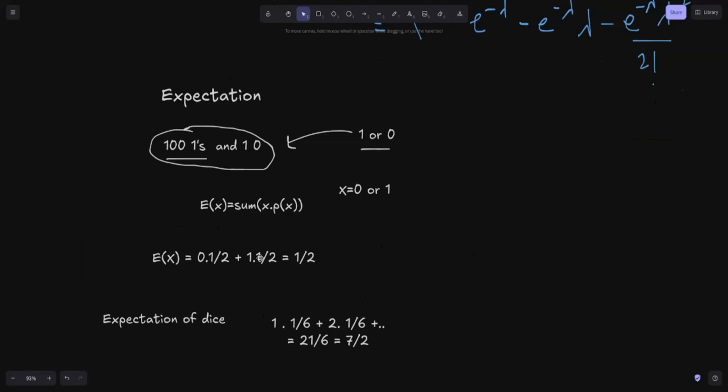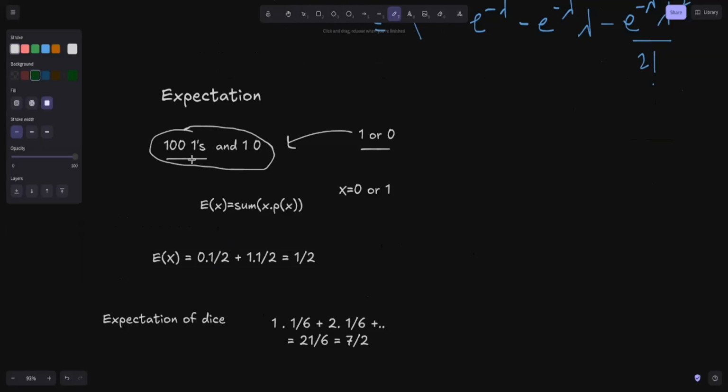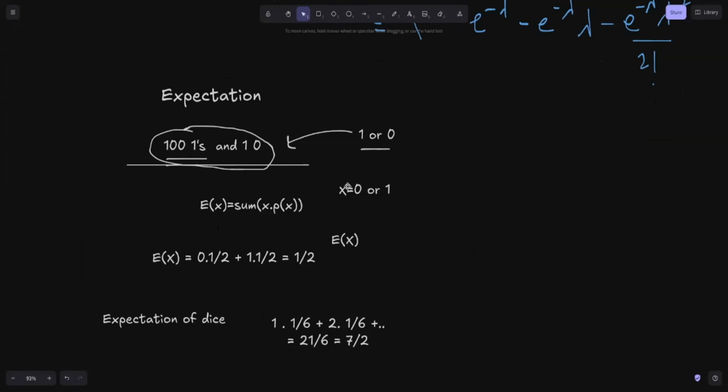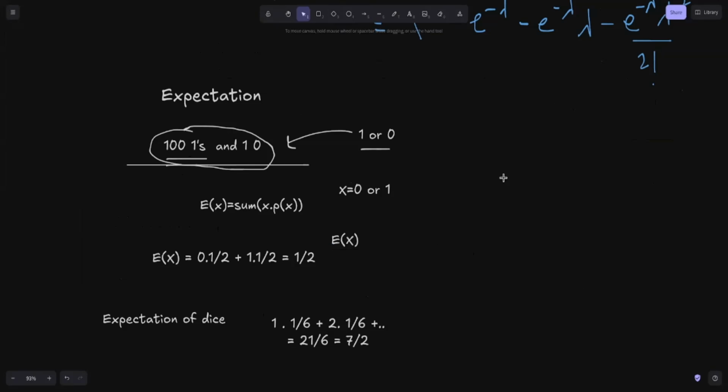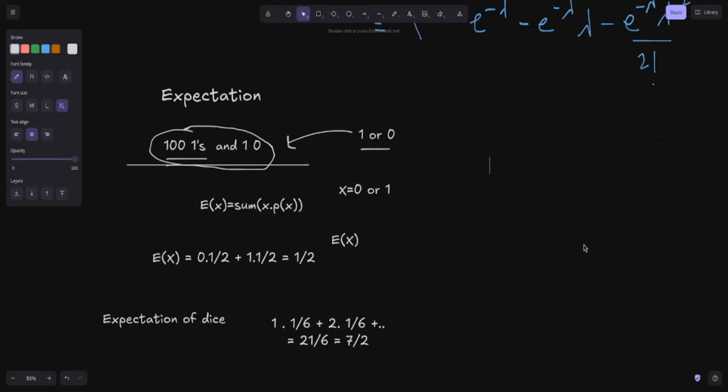So for example, here it was equally probable, right? But in this case it is not equally probable, right? So what would happen in this case? The probability of E of x happening, let's say 0 has a probability of 1 by 3 and 1 has a probability of 2 by 3.